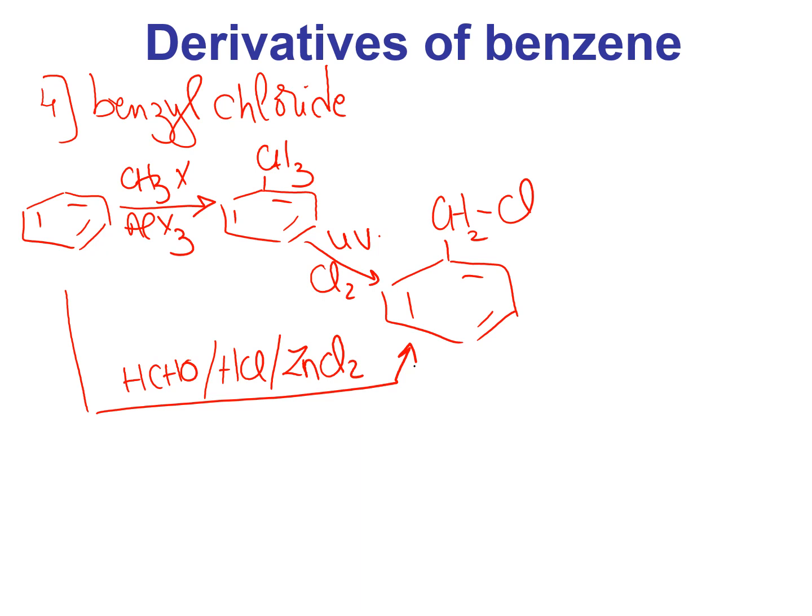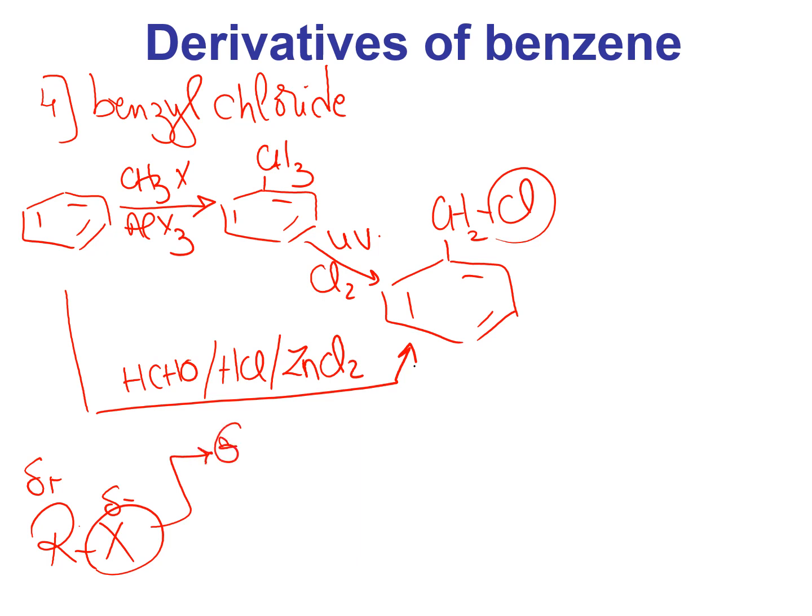Reactions of such a compound are the reactions of the regular alkyl halides. If you remember when we were discussing alkyl halides, we had the halogen attached to a carbon, so the halogen was carrying a partial negative, the carbon was carrying a partial positive. You had three types of reactions: the formation of Grignard, which is possible here.